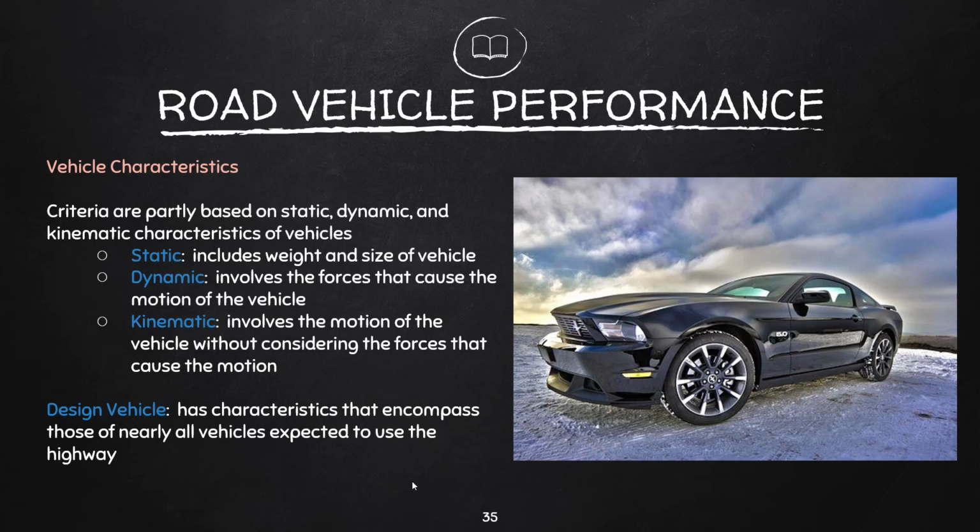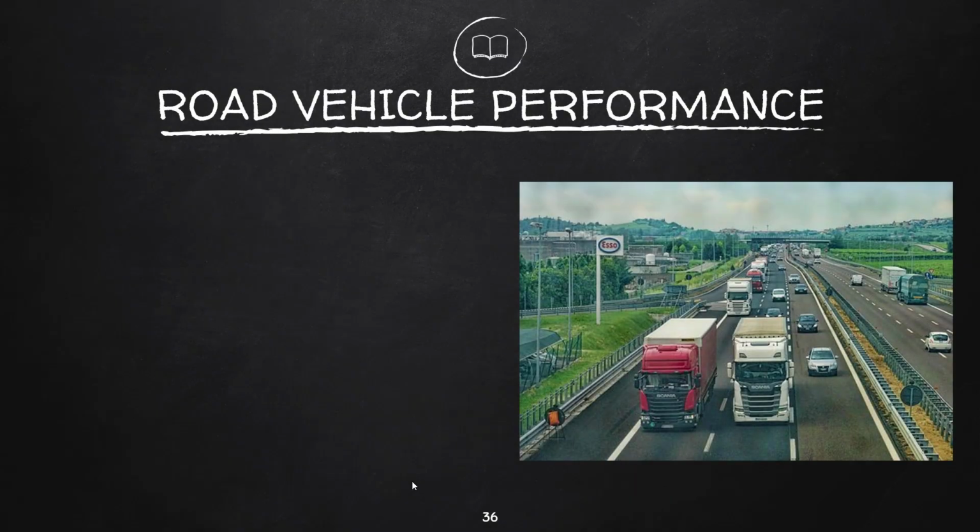For example, they are not designed for trucks, mga ganun. Those are some considerations also. In the design of bridges, we also consider those different vehicle characteristics, and we have different design vehicles that are used in the analysis or in the design.